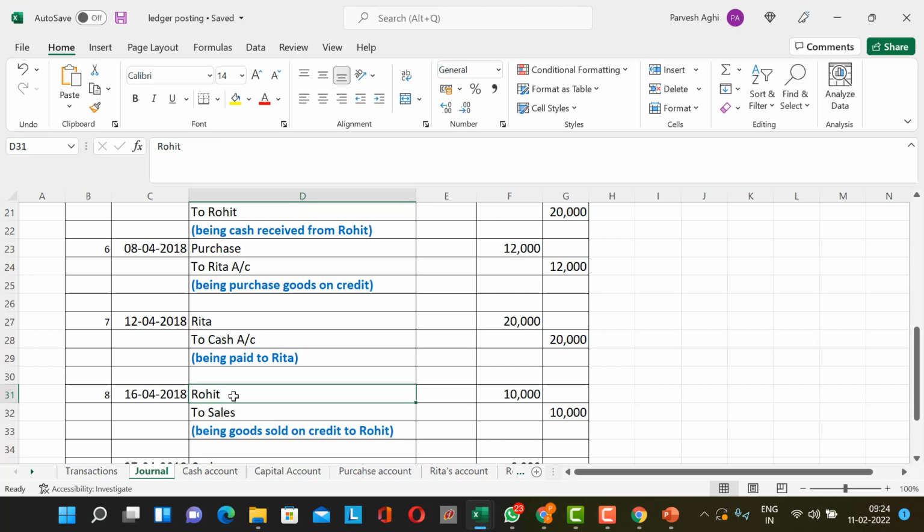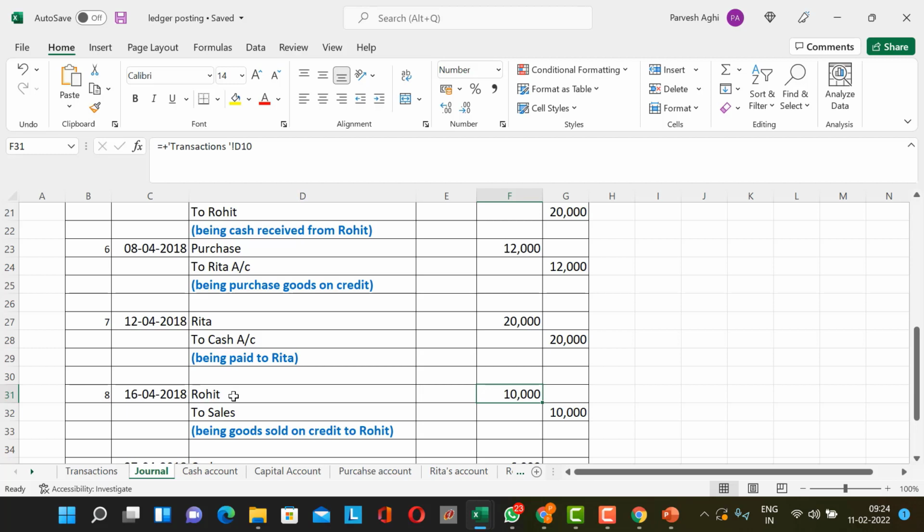Who is receiving the goods from us? Rohit. So here debit the receiver. Who is going to receive the goods from us? So debit the receiver and credit all income and gains. This is a nominal account, and sales is basically income, so we are crediting. And why are we not crediting Rohit? Because we are giving goods to him.